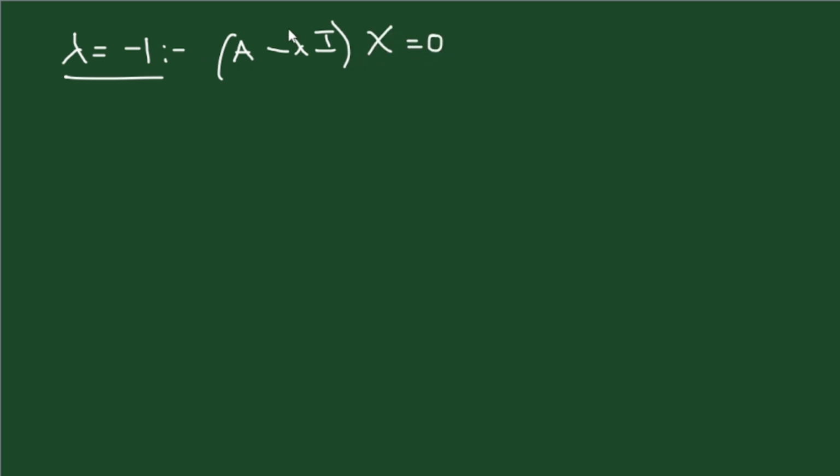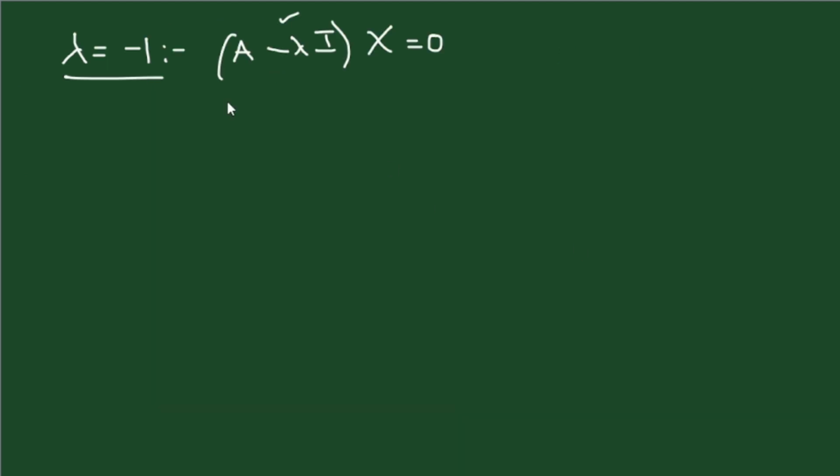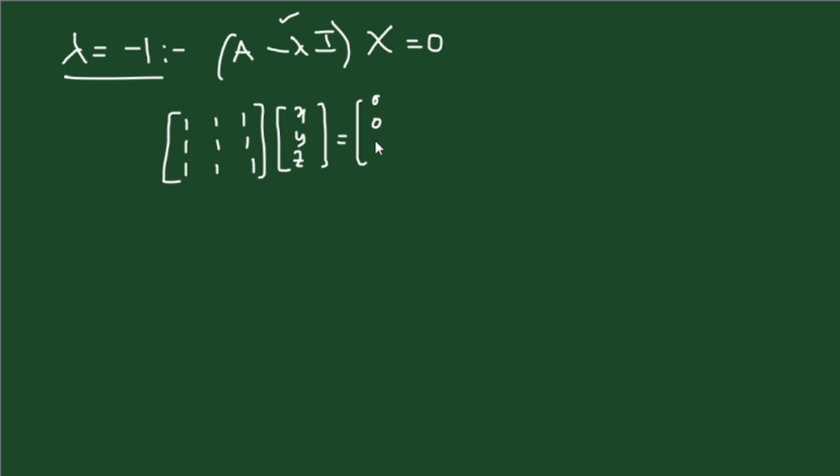You put minus 1 in place of lambda in the matrix A minus lambda I. If you put minus 1 in place of lambda, what will you get? All ones, a 3 by 3 matrix of 1s, right? So 1, 1, 1, 1, 1, 1, 1, 1, 1 multiplied by x, y, z is equal to 0, 0, 0. Here all three equations are the same.